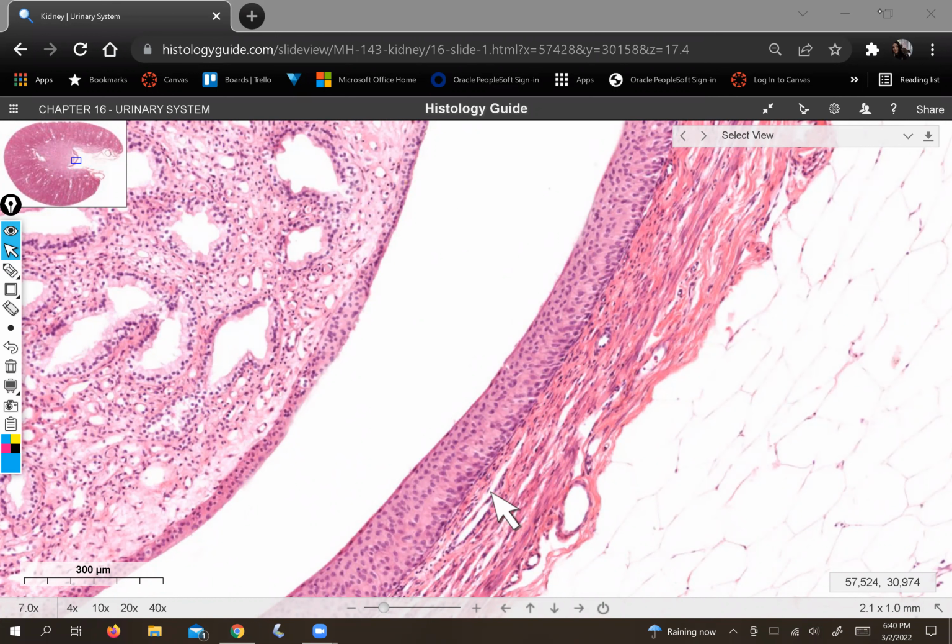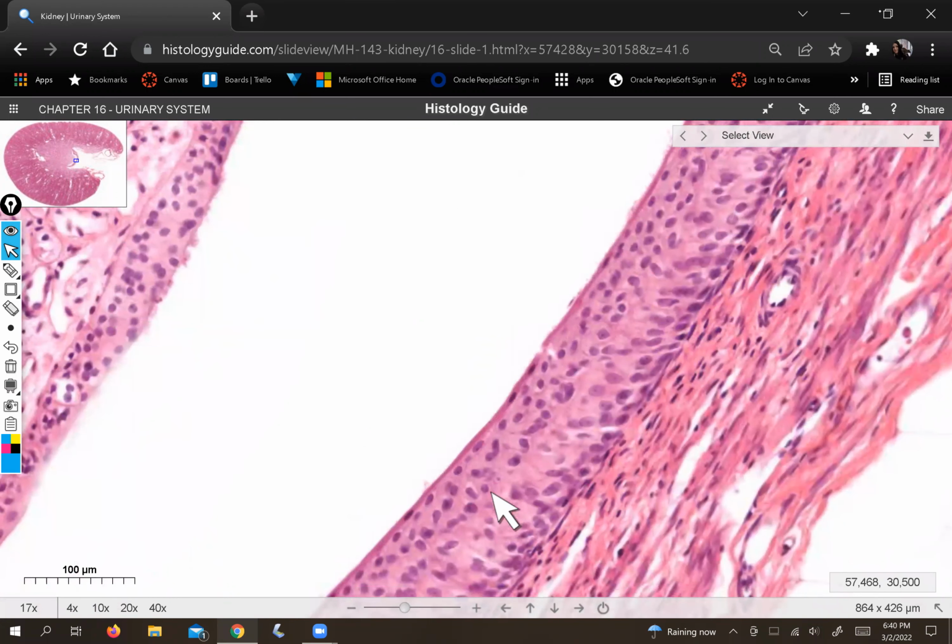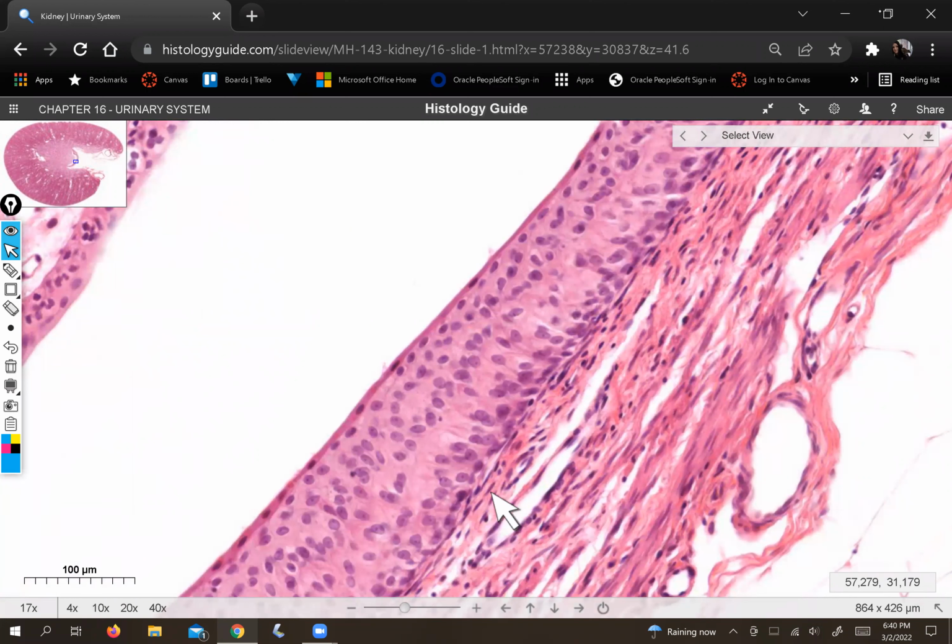So this is always a tricky epithelial type. It's probably the hardest one that you encounter in 241. And that's because transitional epithelium, which is what this is, bears a striking resemblance to stratified squamous epithelium if you're a beginner and if you don't pay close attention. So here's how to tell the difference.